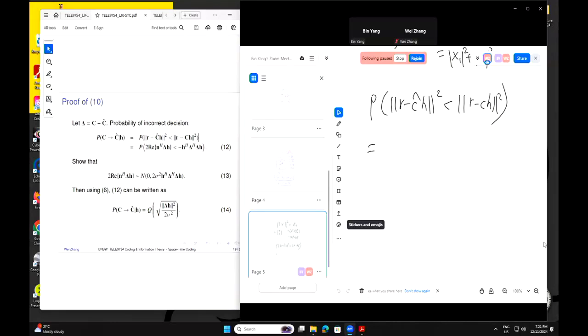Firstly, we know that R equals CH plus noise.